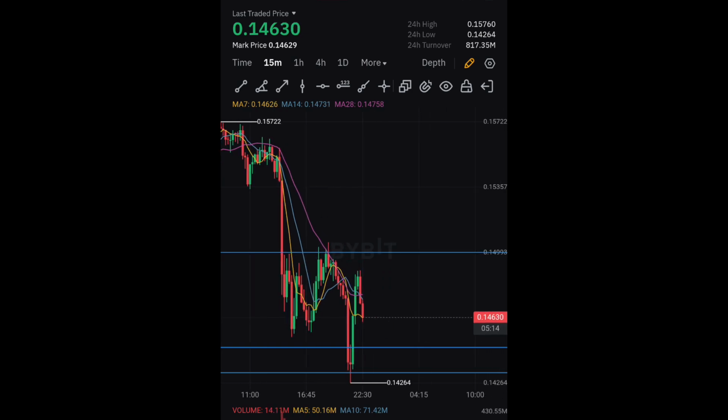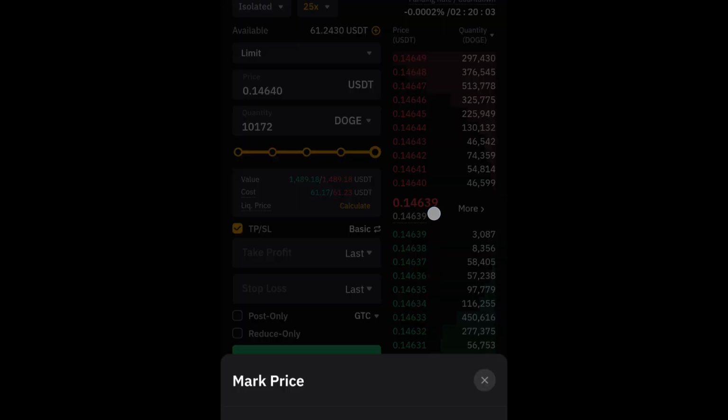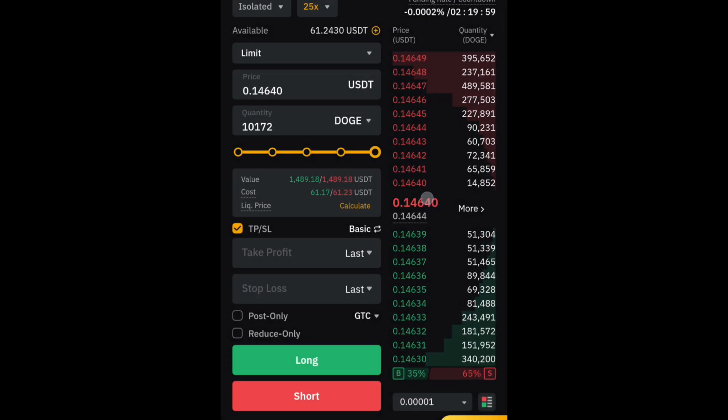So let's go back to trade. Click here, click the price right now. Then this is the price. Then the amount we want to trade.